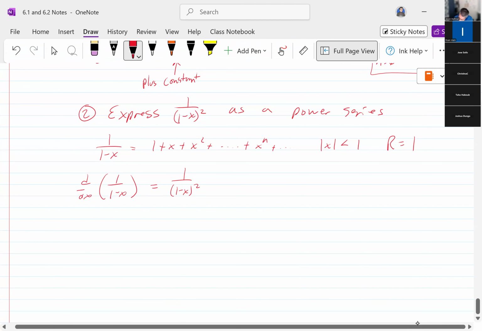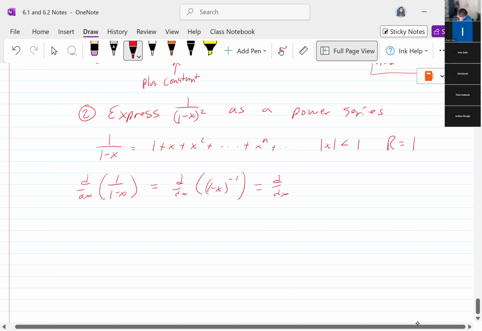let's take some in between steps here. This is d dx of 1 minus x to the negative first power. Let's use the chain rule.